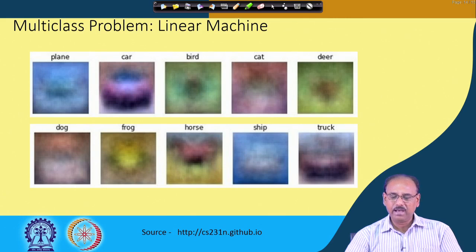You have the categories plane, car, bird, cat, deer, dog, frog, horse, sheep, and truck. And once the linear machine is properly trained, if you fold the vectors of your weight matrix W back to form an image, you will find that those vectors represent the templates of these different categories.